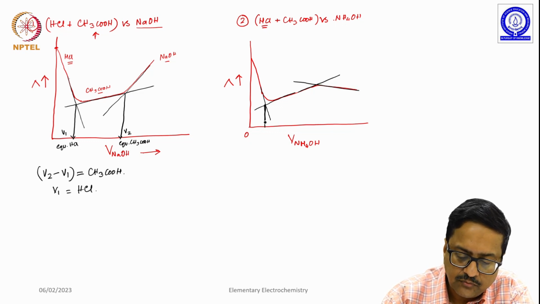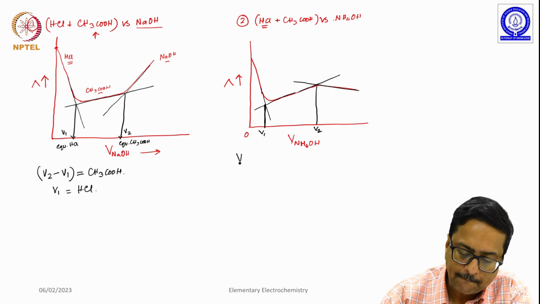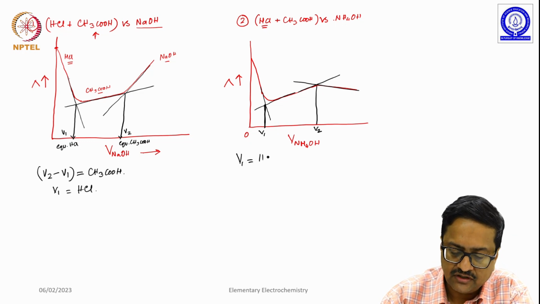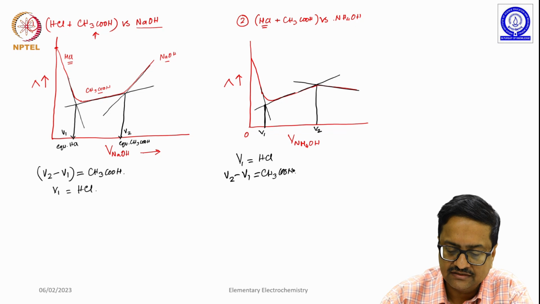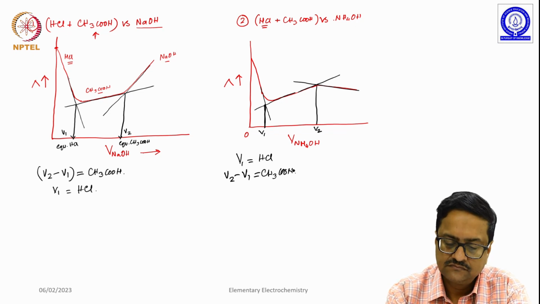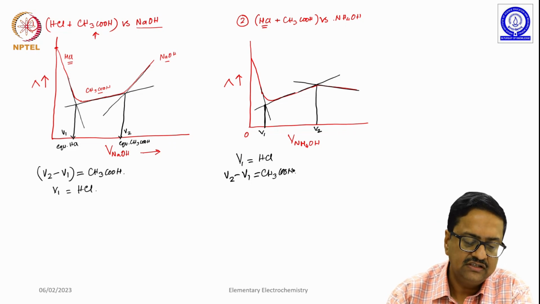So this will indicate V1, this will be V2. V1 is for HCl, V2 minus V1 is for acetic acid. So by doing one titration using ammonium hydroxide, one can do this.